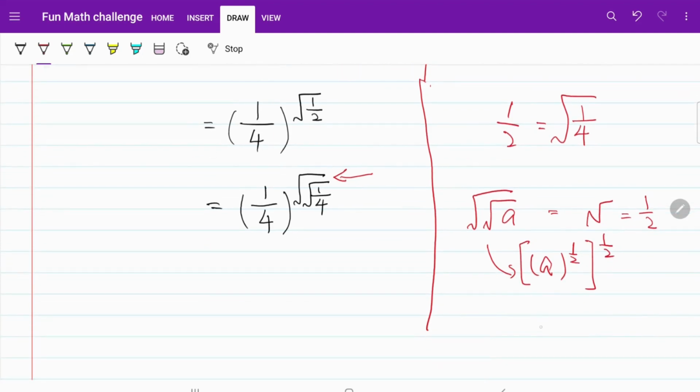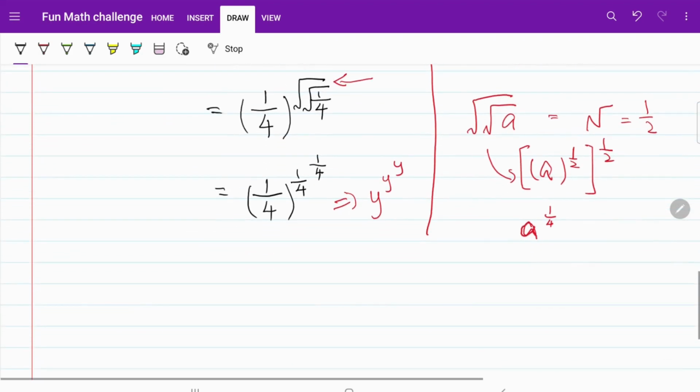In other words, I have a to the power of 1 over 4. So if we apply that to our original equation, now what I have is 1 over 4 to the power of 1 over 4 to the power of 1 over 4, with the third 1 over 4 coming from the double square root. So in other words, I have successfully turned this into the form of y to the power of y to the power of y.